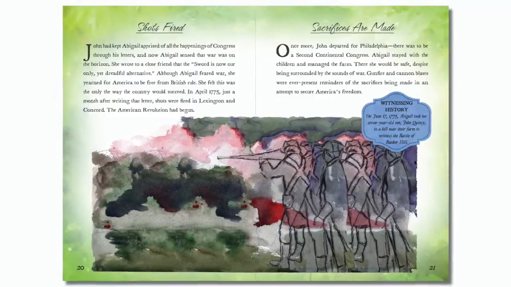As the story progresses, we get to experience different historical events. We get to see the Boston Massacre, the Boston Tea Party, the American Revolution, Continental Congresses, all through the eyes of these two individuals who got to experience it and live it firsthand.